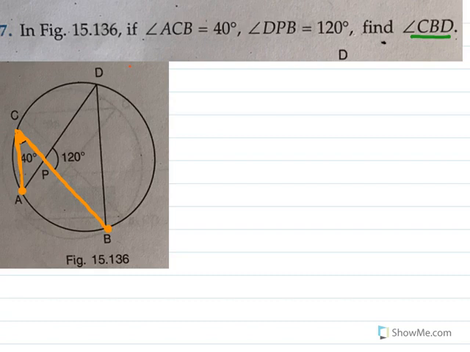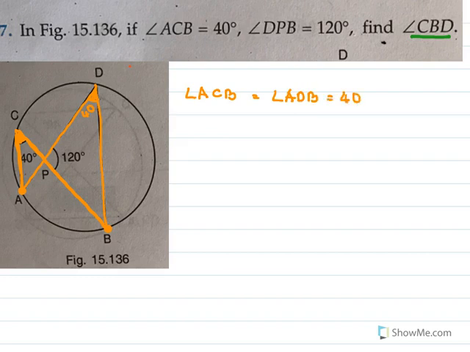This angle ACB will be equal to, from A I go to D, and now from B I go also to D. So I get these angles in the same arc. So this also will be 40. So angle ACB will be equal to angle ADB, which is equal to 40, angles in the same arc.